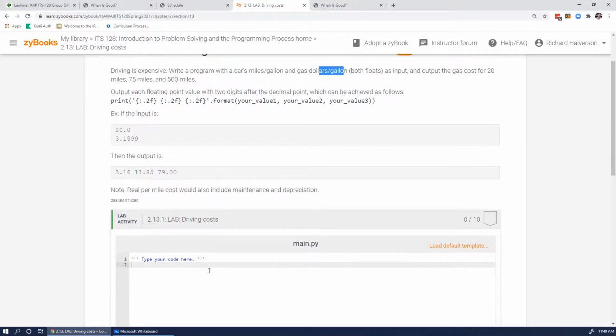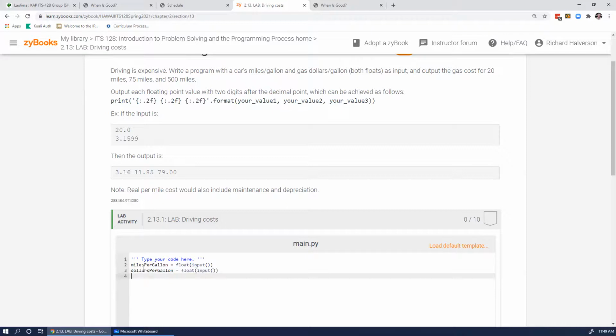Okay, so input miles per gallon equals, and we're inputting floating numbers now, so float input, and then dollars per gallon equals float input.